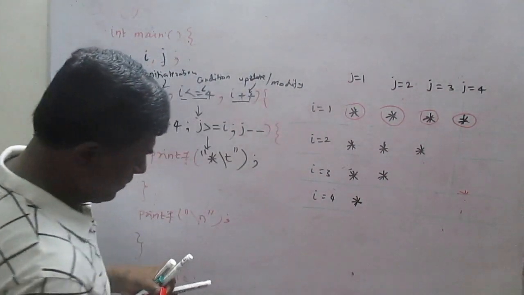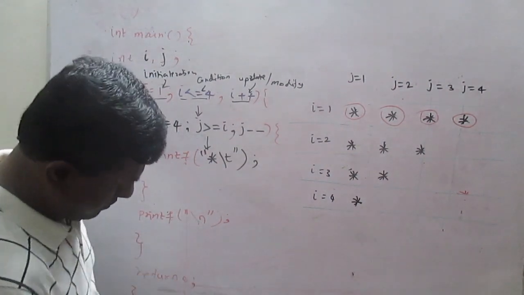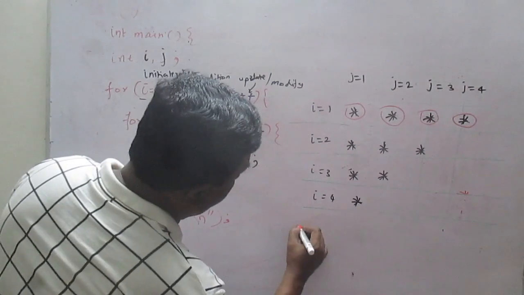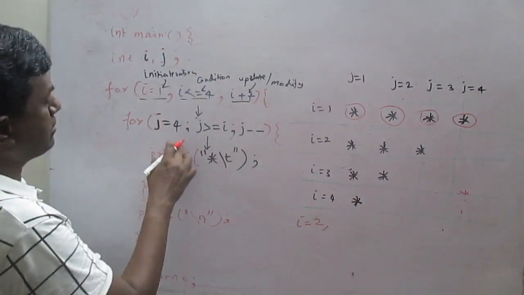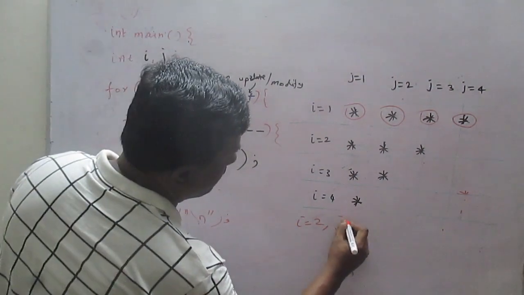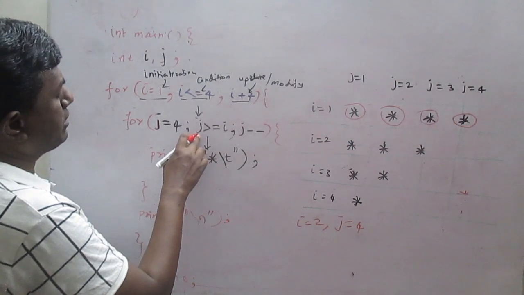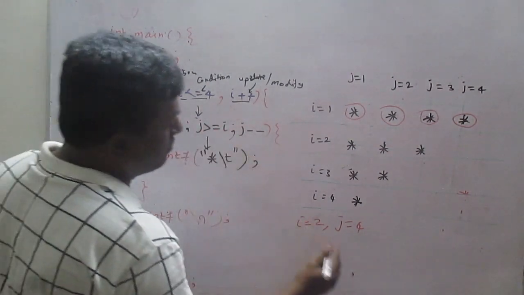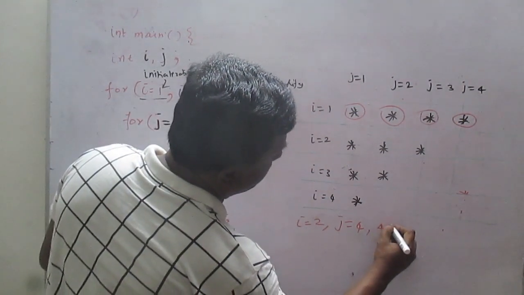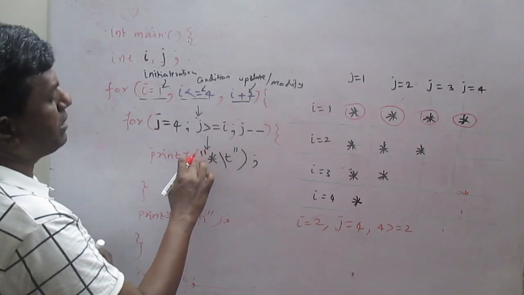Now i is 2, then we come here, and j is 4. We are checking the condition: 4 greater than or equal to 2, the condition is true, so we are entering here.